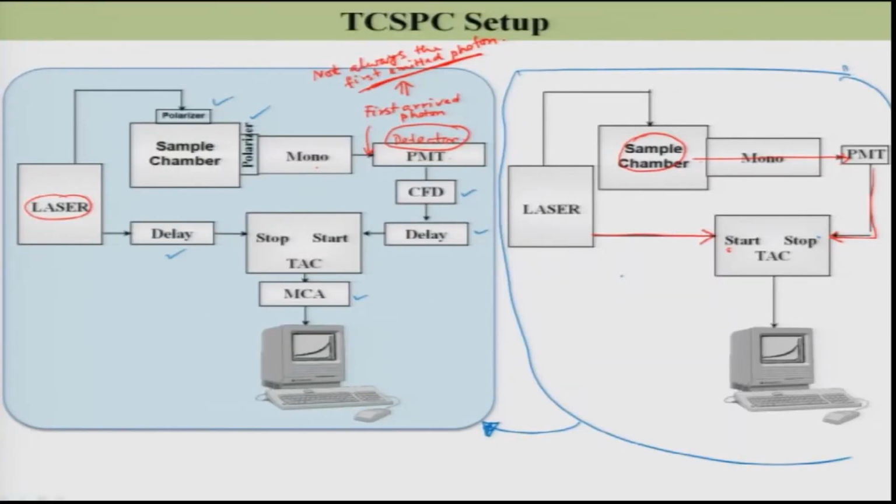Okay, so it is detected, and now the detector has amplitude jitter, which gives you time jitter, and that is rectified by the CFD, the constant fraction discriminator. The detector also has transit time spread, which obviously we cannot do anything about. You only have to buy a better detector where the transit time spread is small.